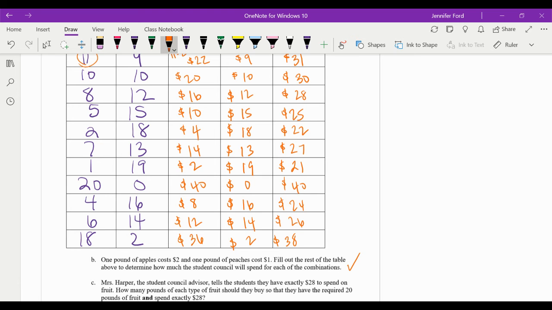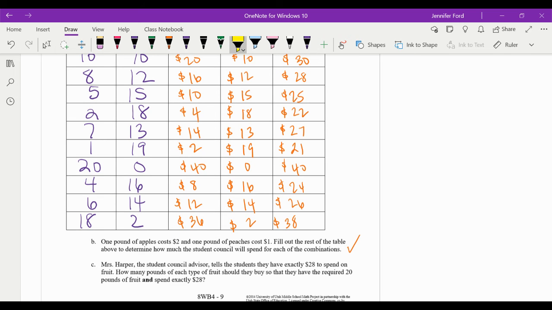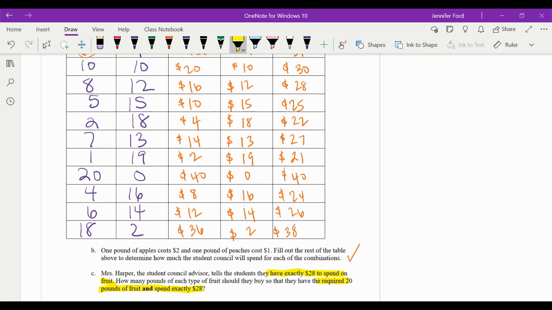We did that. So then in part C, Ms. Harper, the student council advisor, tells the students they have exactly $28 to spend on fruit. How many pounds of each type of fruit should they buy? So they have the required 20 pounds of fruit and spend exactly $28. All right, so we can look in our table.